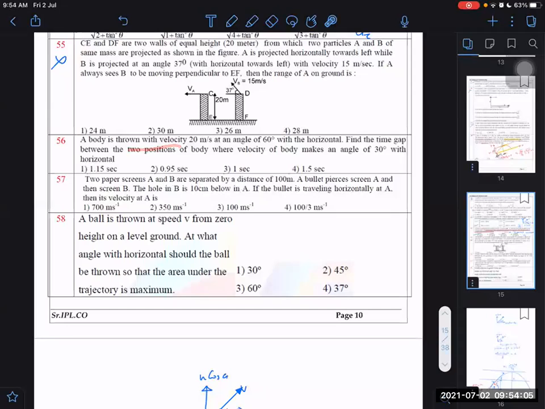A body is thrown with velocity 20 meters per second at an angle 60 degrees with the horizontal. Find the time gap between the two positions of the body where the velocity of the body makes an angle 30 degrees with the horizontal.